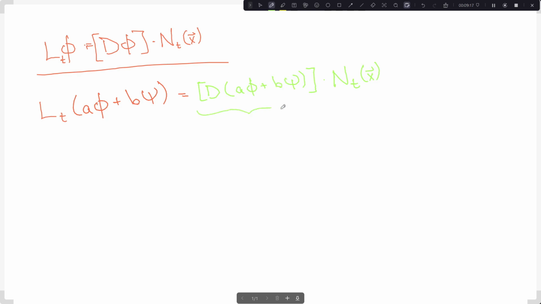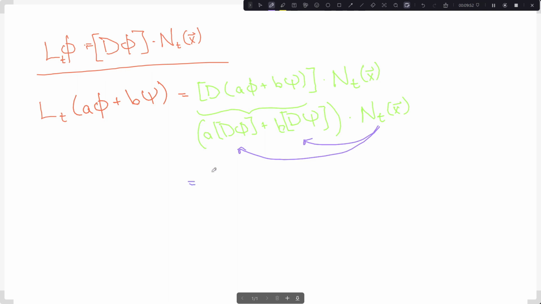And the way the derivative works is this. The derivative, Jacobian derivative, is linear, which we're lucky about. This is a d phi plus b d psi dot n t on x. And thankfully, right multiplication, now this is unfortunate that we have to work with right multiplication because we're dealing with matrices, but right multiplication is distributive.